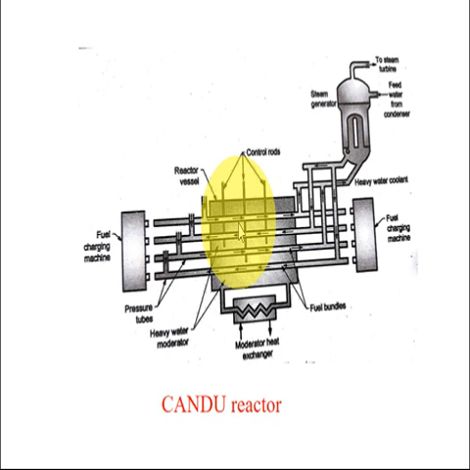When it flows through the calandria, it gets heated and leaves the calandria at 370 degrees Celsius and 110 bar and enters the steam generator, where the heat of the heavy water is transferred to water and steam is generated. That steam is used in the Rankine cycle, and control rods made of cadmium are used in the calandria to control the nuclear reaction.